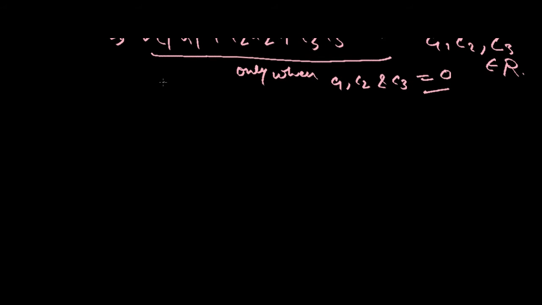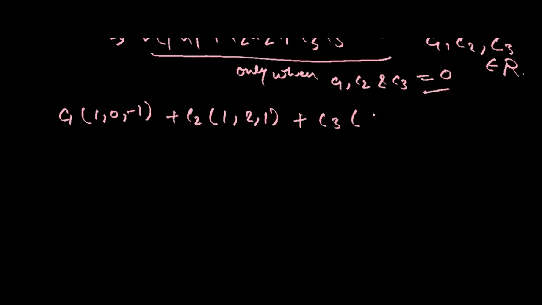So let me write this whole equation in vector form. C1 into alpha 1, 1, 0, minus 1, plus C2 into alpha 2, 1, 2 and 1, plus C3 into alpha 3, that is 0, minus 3 and 2, equals the 0 vector.